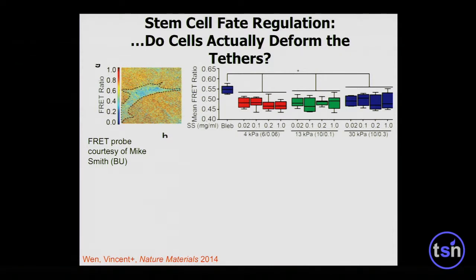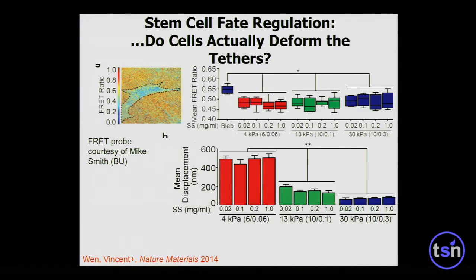But the take-home message is that when we look at tethering, and we measured it, and we think that it's real by AFM, but if we looked using a FRET probe to see whether or not the cells were actually tugging on the probe itself, we didn't see any difference in deformation as a function of stiffness or tethering in this first column on the plot.